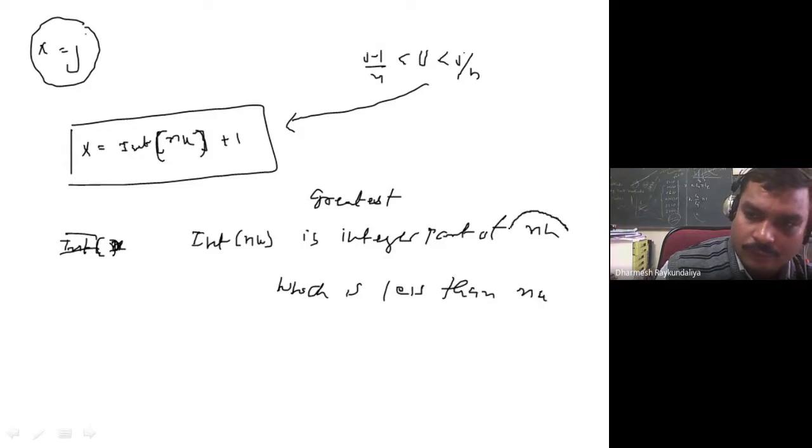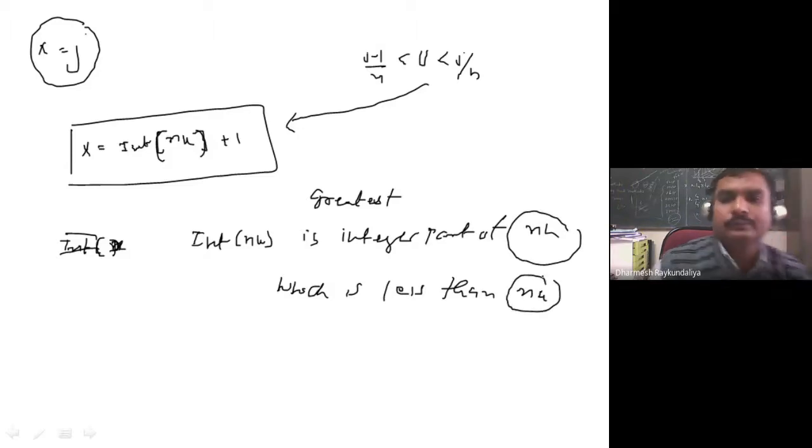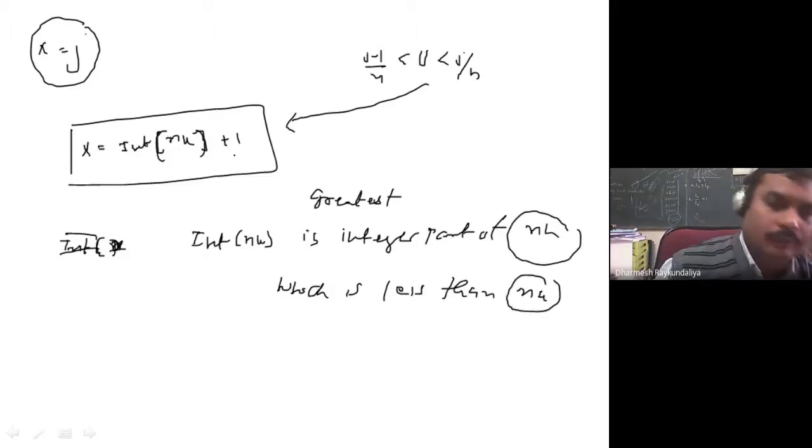So you take the largest integer part of nu, and that value should be less than nu. In that way you have to select.